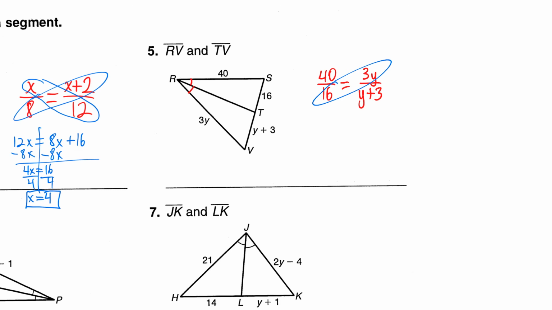So 16 times 3y is 48y. And then 40 times y plus 3. What's 40 times y? 40y. And what's 40 times 3? Is 120.